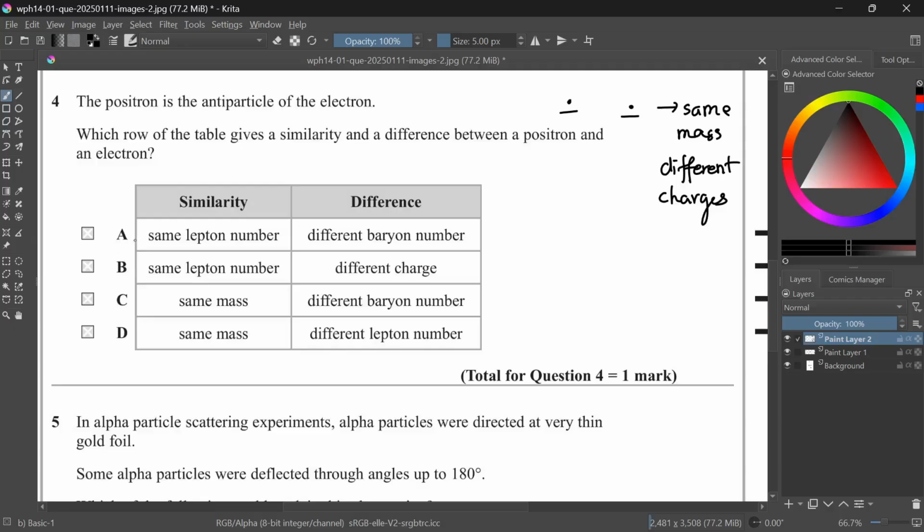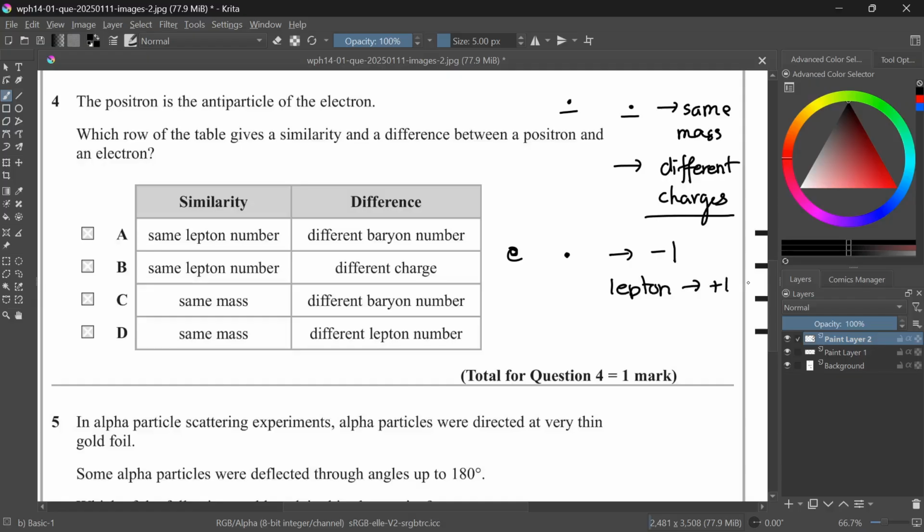Okay, so option A says same lepton number. No, they cannot have the same lepton number because they have different charges, right? And there's a shortcut to learn a lepton number. If an electron has a charge value of -1, then its lepton number will be +1.